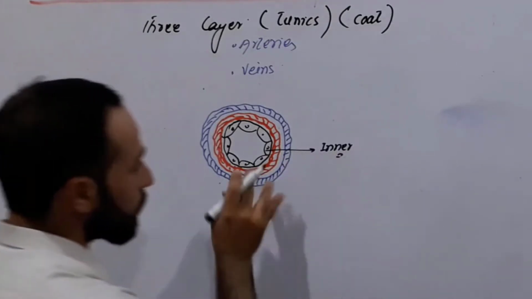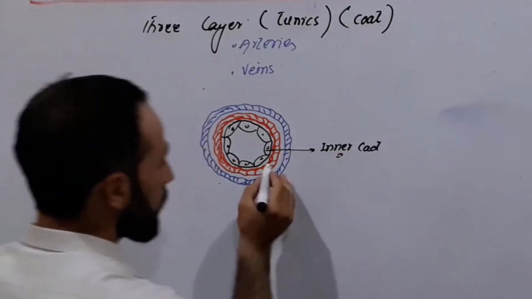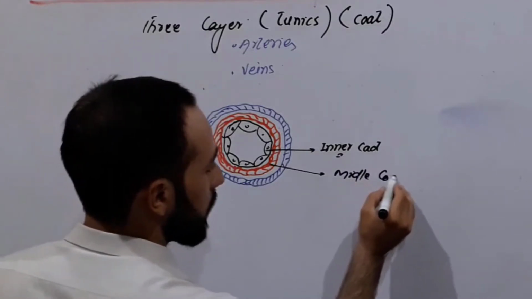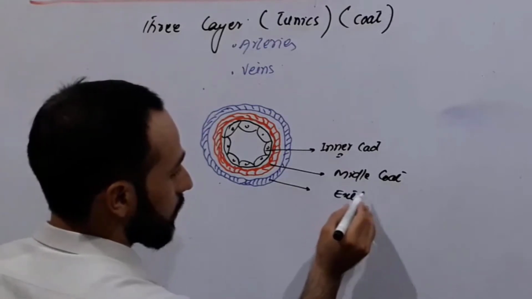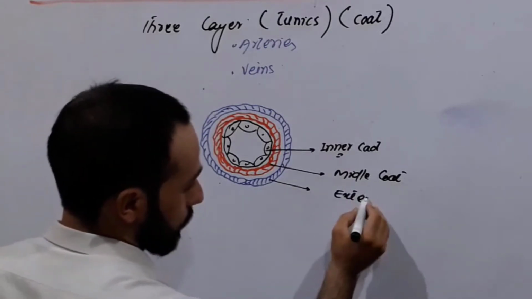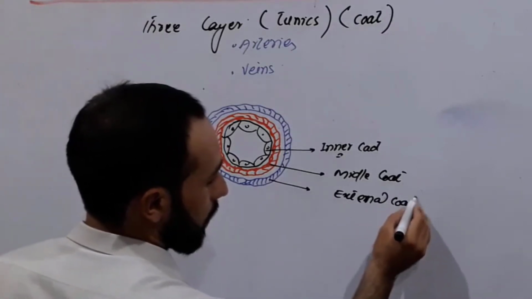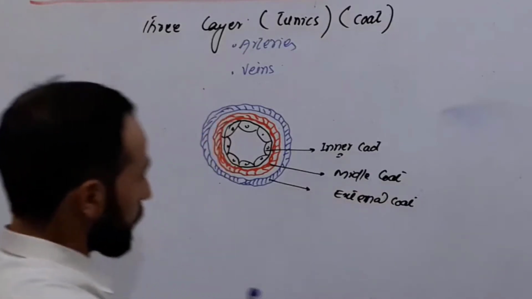I will talk about this inner coat in detail later. The red one is the middle coat, and this one is the external coat or outer coat. Clear? This is very simple to understand.